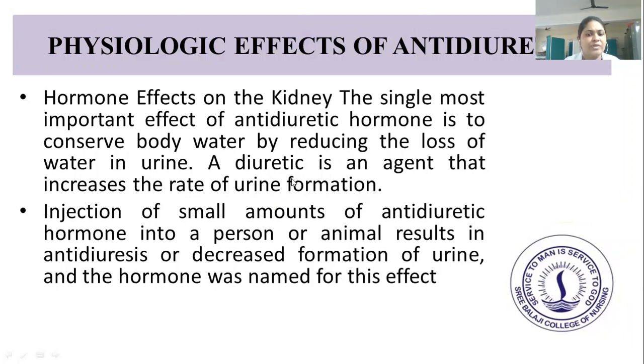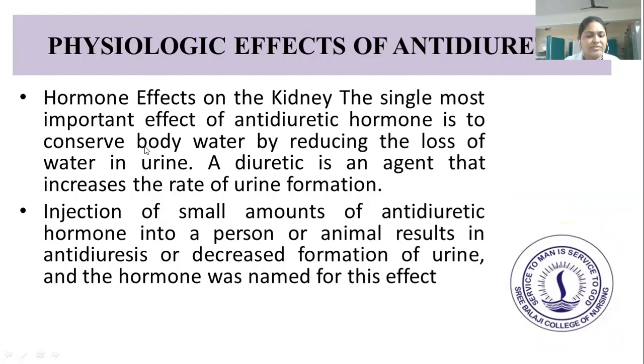A diuretic is an agent that increases the rate of urine formation. The injection of a small amount of antidiuretic hormone into a person or an animal results in antidiuresis, or decreased formation of urine, and the hormone was named for this effect.